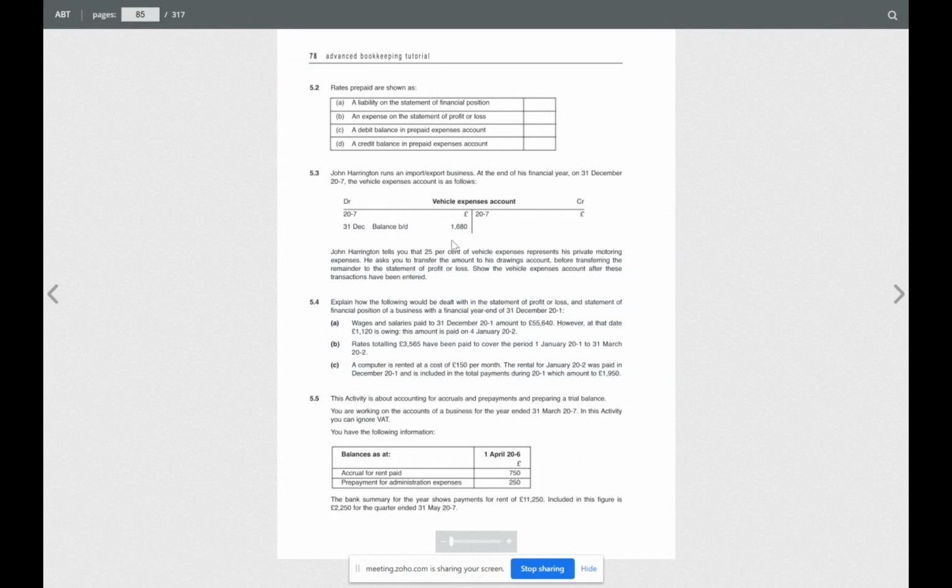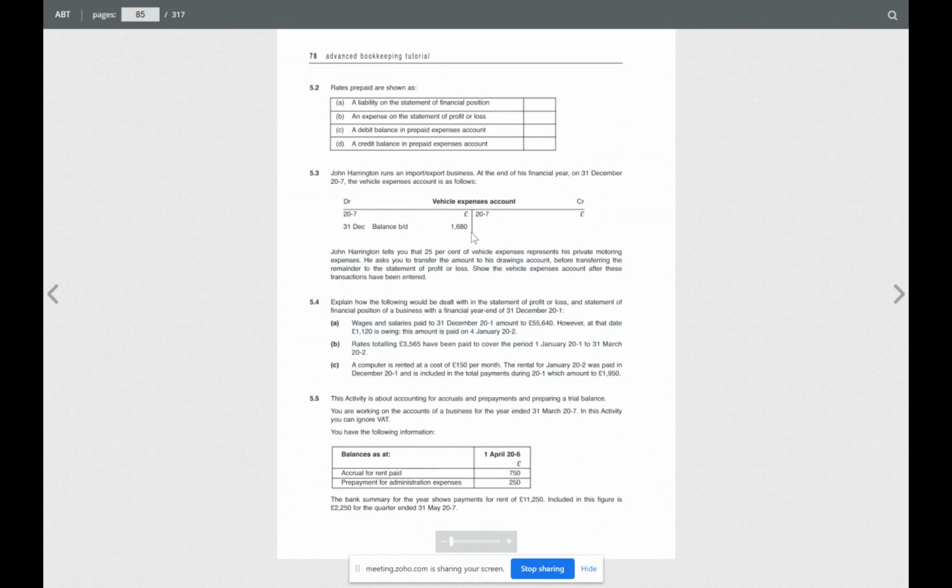So 25% of this is drawings. We have to take out this 25% from the vehicle expense account, because it shows the business vehicle expense. For the business purpose, whatever is spent, that only should be visible. So 25% of this should be credited here as drawings.